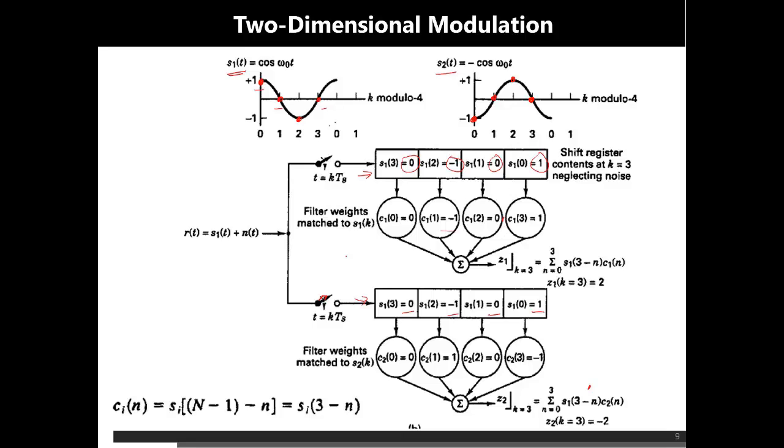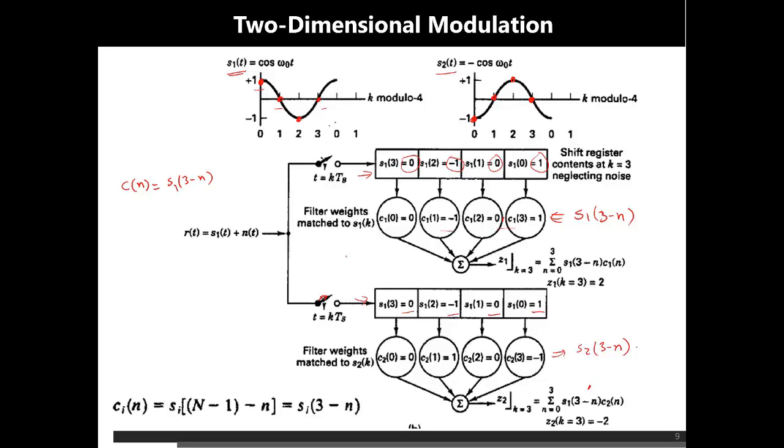What about the coefficients? In each branch, the coefficients will be matched to one of the waveforms. So in the first branch, the coefficients are matched with S1, so they are S1 of (3 minus n). And here they are matched with S2, so S2 of (3 minus n). Now you can just check and put in the values, because the equation was C of n equal to S of (3 minus n).